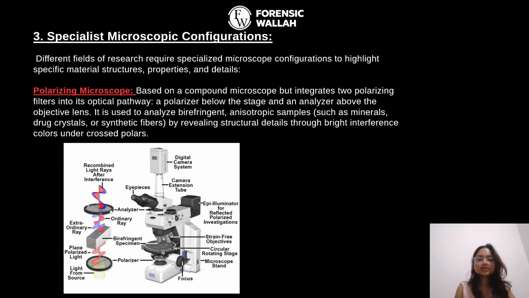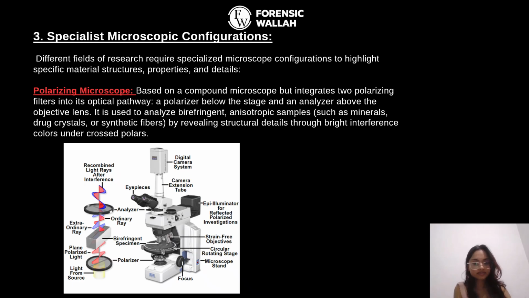When no sample is present, the crossed polars block all light, resulting in a dark field of view. However, when you introduce a birefringent and anisotropic sample, such as mineral cross-sections, drug crystals, or synthetic fibers, the material's ordered structure splits the polarized light into two pathways, traveling at different speeds.